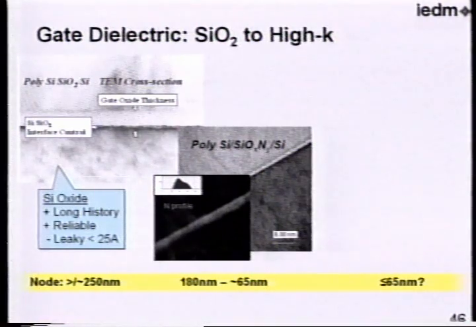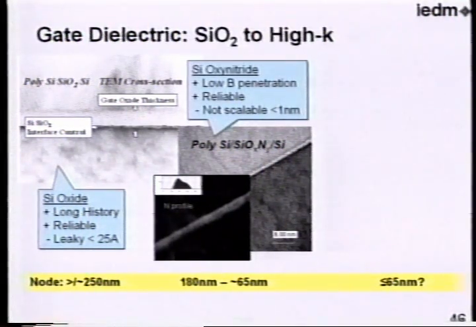The other issue here is boron penetration. People have put nitride in, which actually changes the dielectric constant a little bit. So the industry right now is on this oxynitride, and it does have low boron penetration. Reliability is good. But again, it's questionable if it's scalable below 10 angstroms.